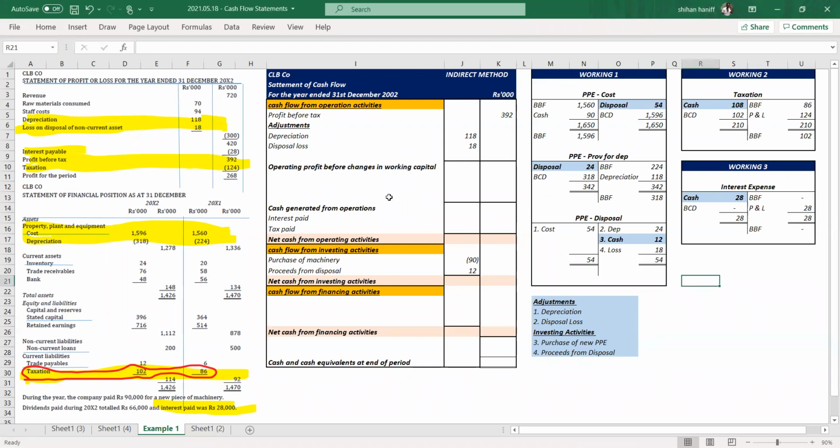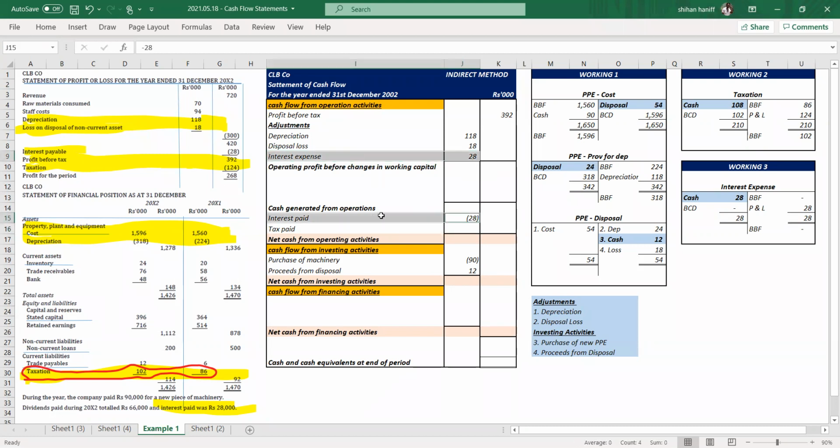Right. Now let's record that. Interest expense we have to add back. Here, interest expense 28 and interest paid is also 28. That has to be deducted from here.